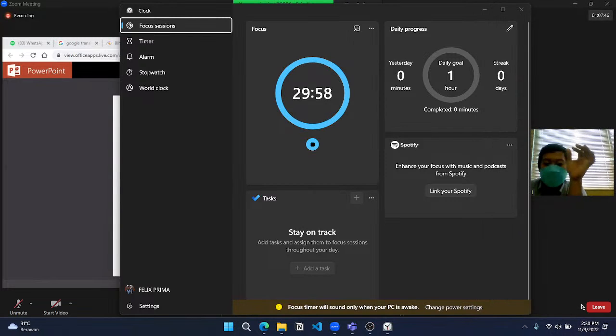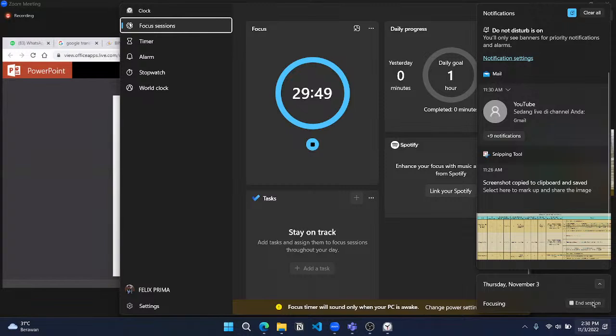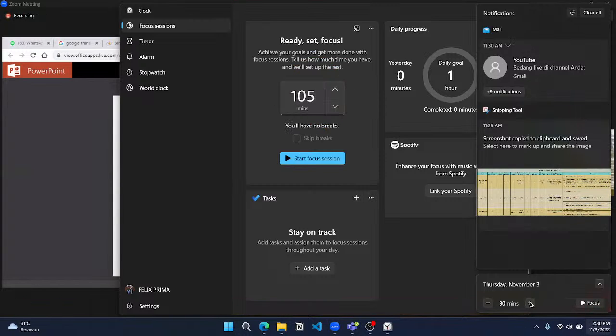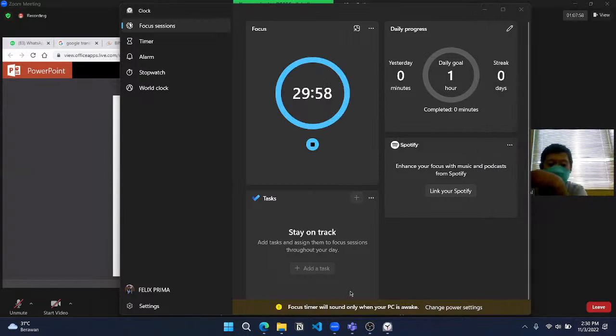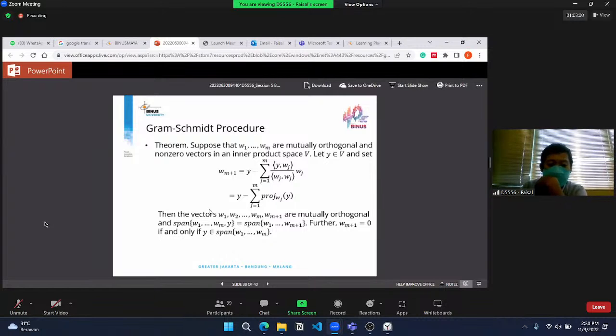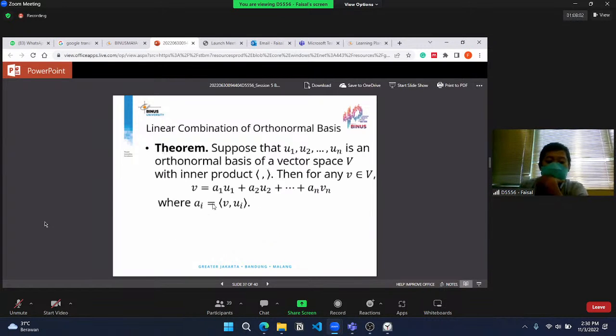For example, okay, this is the Gram-Schmidt procedure. So we already use this procedure. Okay.